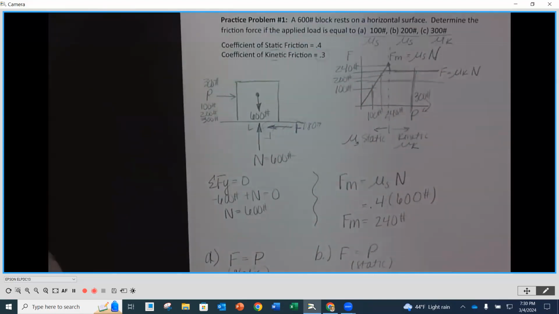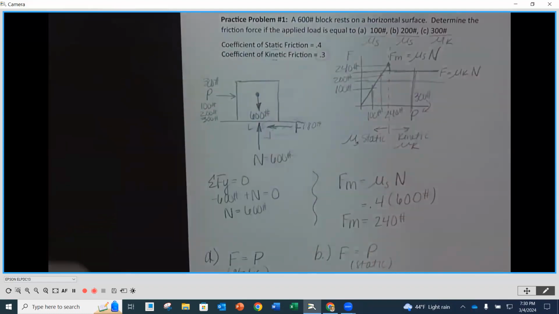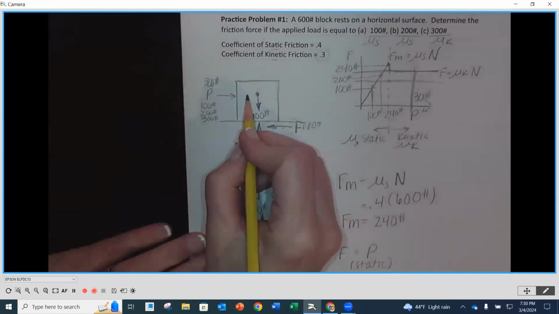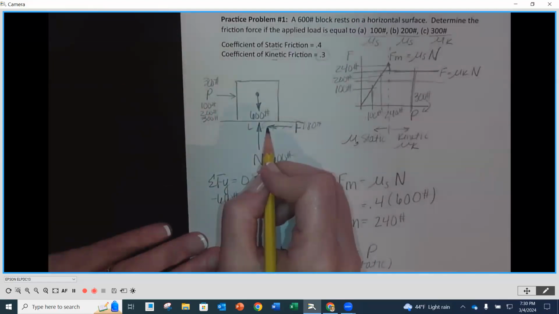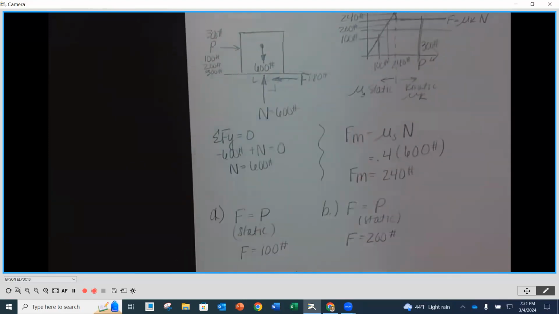It's a little bit higher at the breakaway as we see here, and then we get down and now we're moving at 180. If we have 180 and 180 coming back, we have constant velocity because we don't have a net force. Whenever we have more force going in one direction than the other, we would be accelerating. So at that 300-pound mark, yes, we would be accelerating because we have a net force.